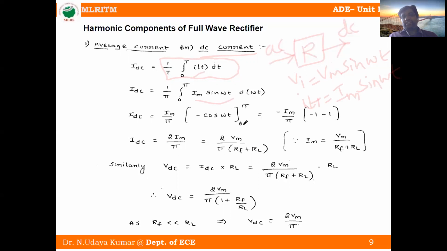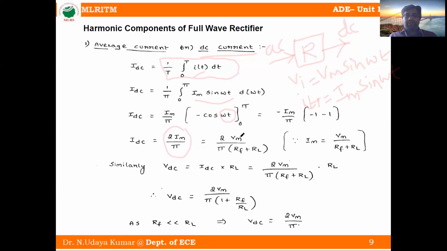Apply the upper and lower limits: upper limit gives minus cos pi, and cos pi is minus 1; lower limit cos 0 is 1. Finally we will get 2 Im by pi.